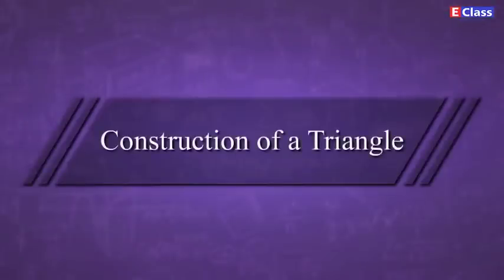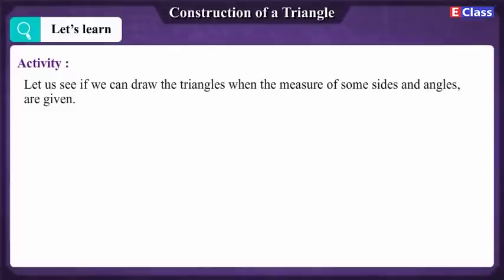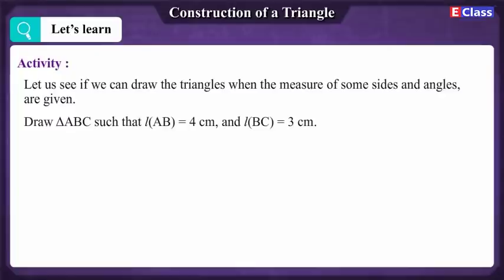Construction of a triangle. Let's learn. Activity. Let us see if we can draw the triangles when the measure of some sides and angles are given. Draw triangle ABC such that length of AB is equal to 4 centimeters and length of BC is equal to 3 centimeters.